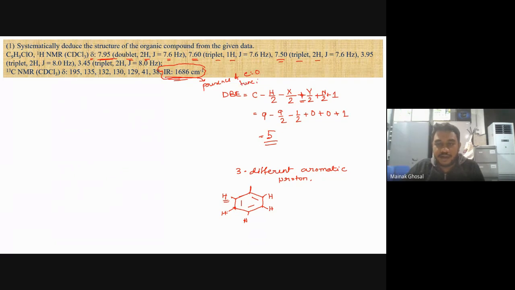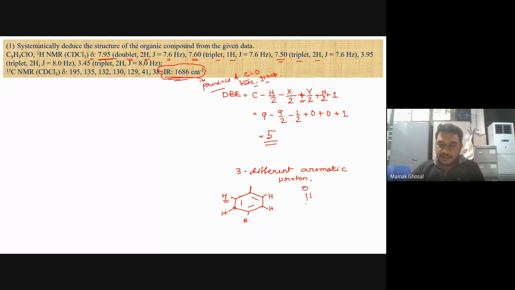It could be an aldehyde or ketone. So there is a high chance of a carbonyl functional group being present.